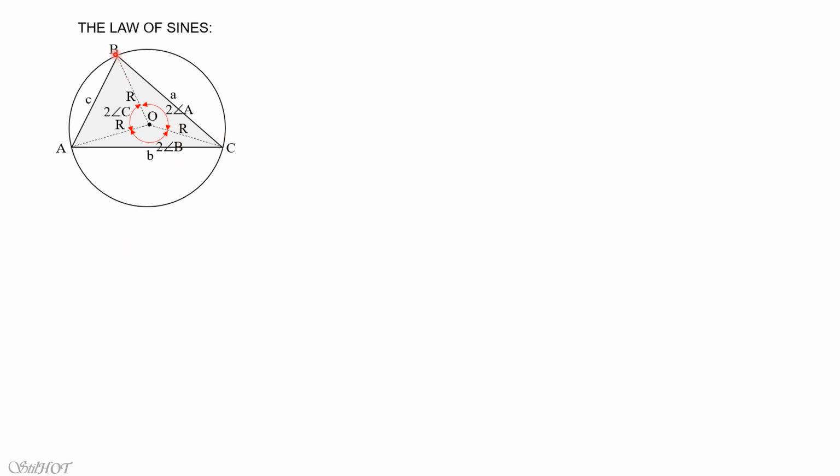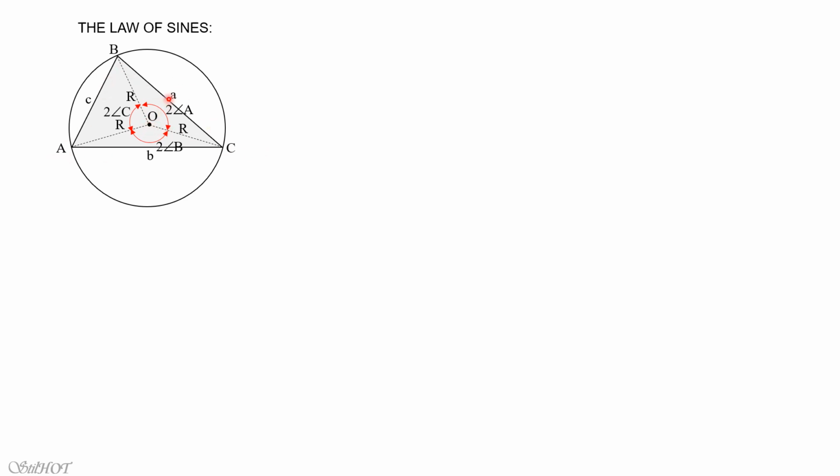Since triangle BCO is an isosceles triangle, if we draw a line from point O perpendicular to A, so that's why point O is called circumcenter, the point of intersection of the perpendicular bisectors of the sides of the triangle.